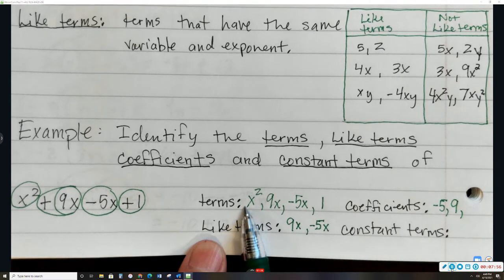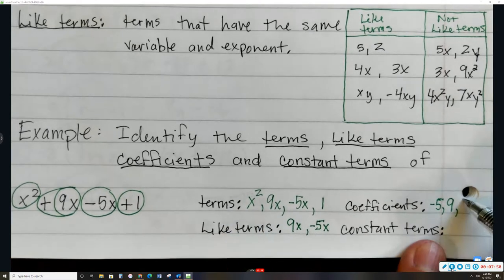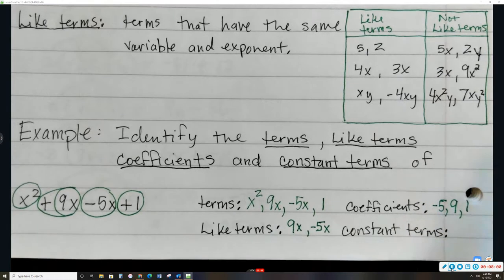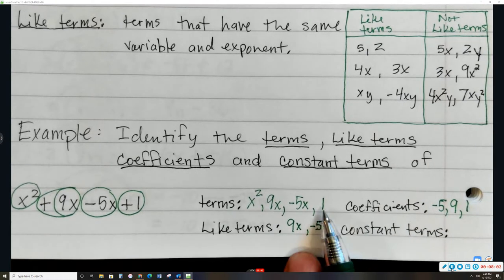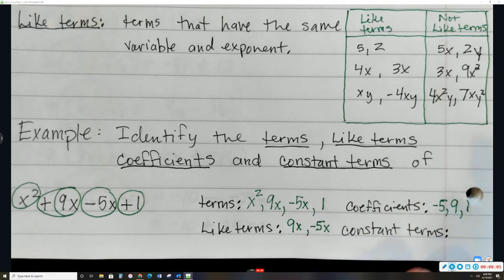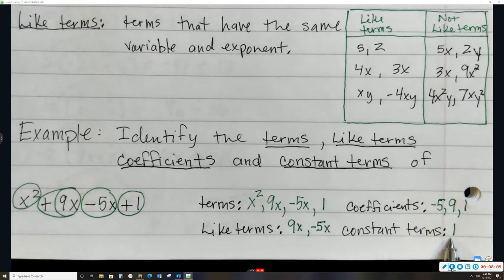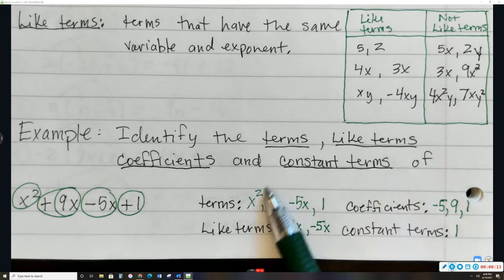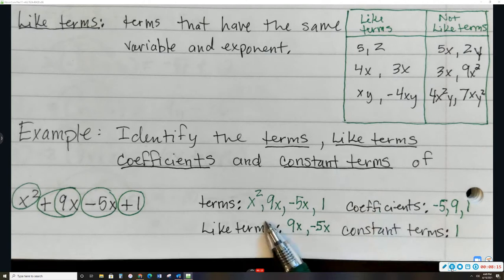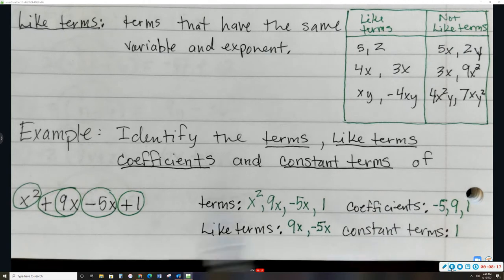So I'm going to put a 1. So those are the coefficients. And then the constant term is this one that's in the back by itself. Remember, the constant terms are numbers by themselves. And that's it. And we're actually going to do a couple of examples like this today. So remember this, make sure you copy that, and let's get to the assignment.